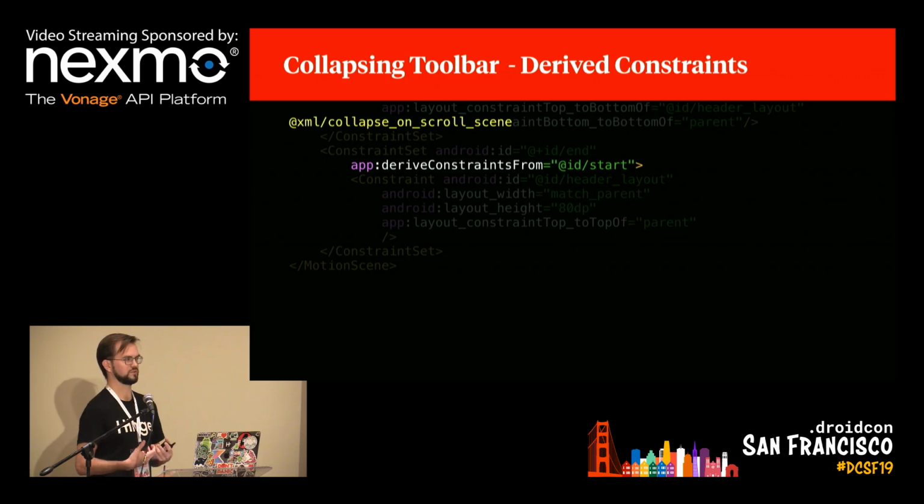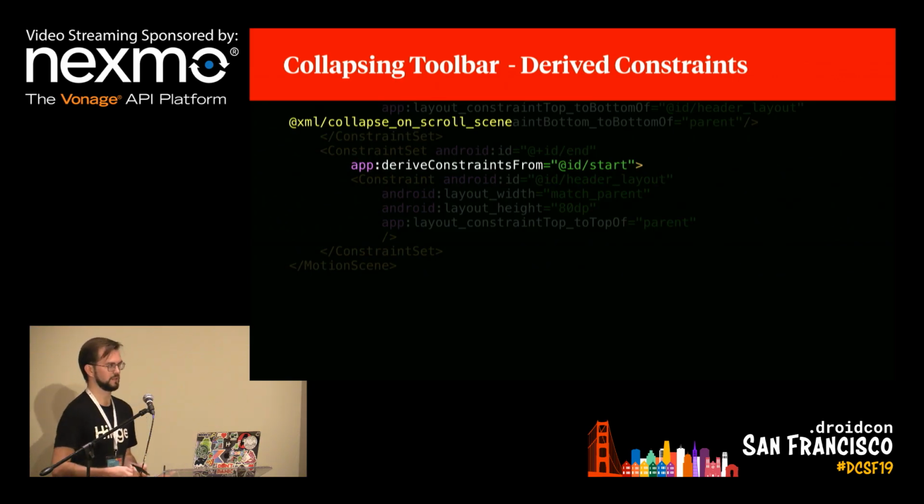Because the RecyclerView's constraints don't need to change in between these two different constraint sets, I don't need to redefine it as long as I have this flag. It's going to try to copy over as many properties as it can as long as I don't specify any constraint properties for that specific view. This is where sub-elements would come in handy if you didn't want to copy over, or rather override everything from a derived constraint.